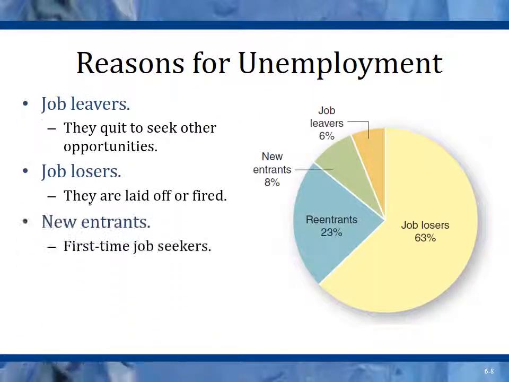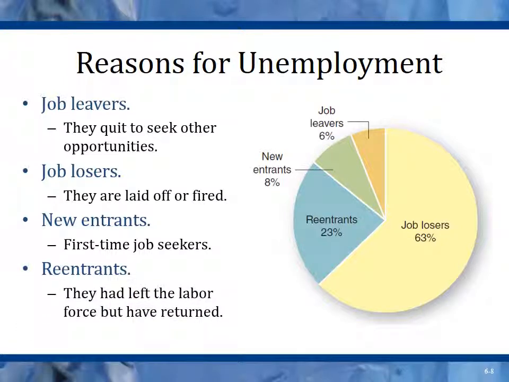Reasons for unemployment. The reasons for unemployment, first, are job losers: 63% are people who've lost their jobs. Re-entrants, 23%. This is a very important number and one that's going to play a big role in our unemployment moving forward into the next decade.